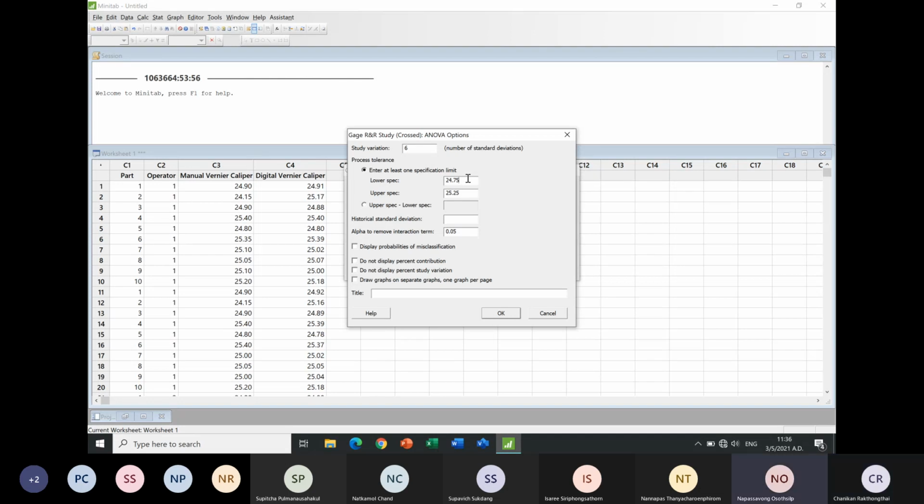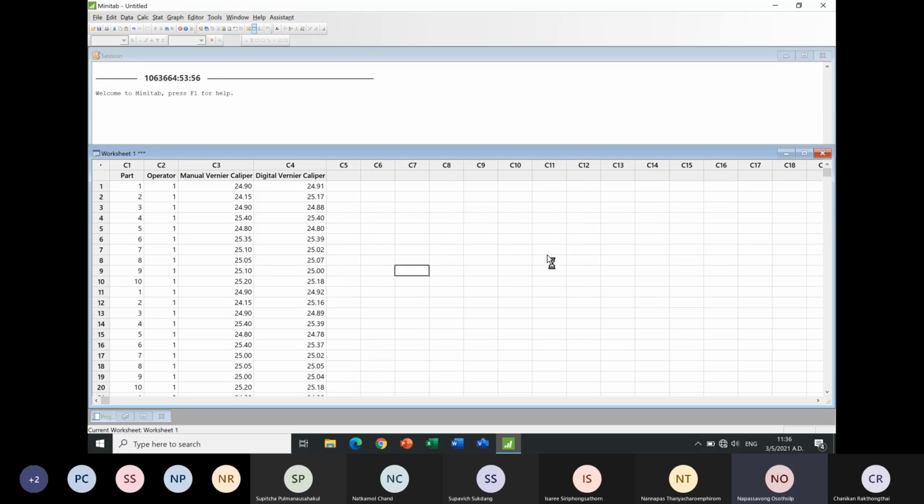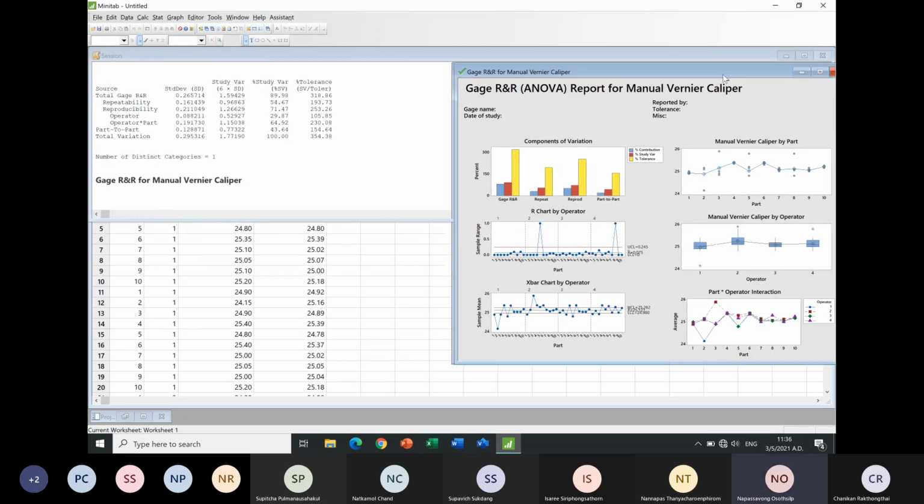If anyone has Minitab, you can follow this so that you know how to enter the data. Then click okay, and it will give you the picture and the numbers in the session outputs.